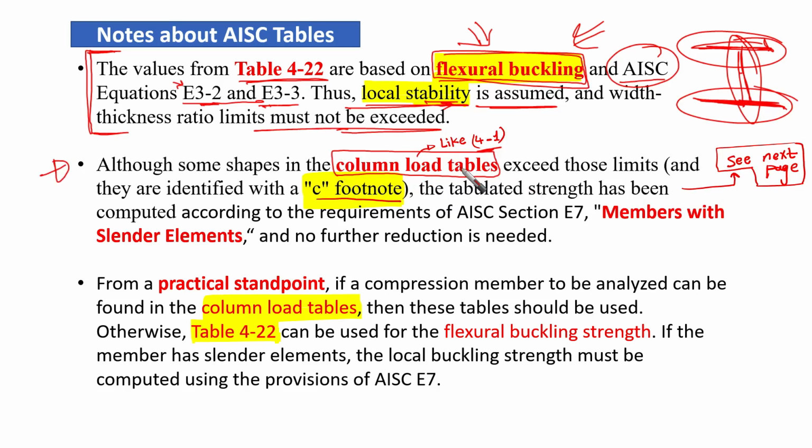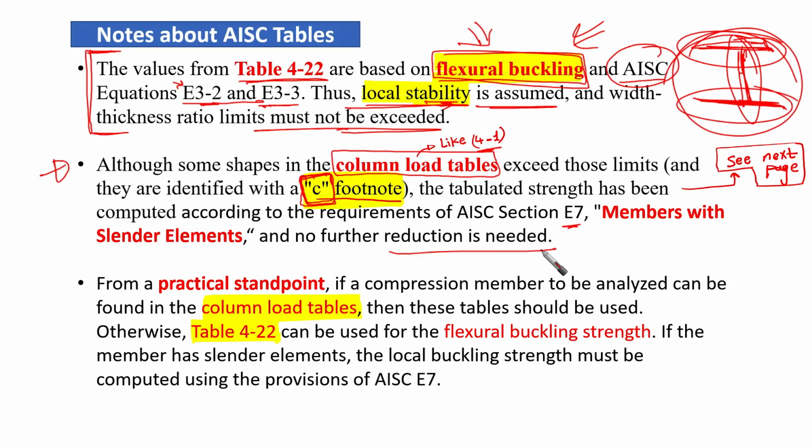So in column load tables, some shapes exceed these limits, and they are identified with a C footnote, which is an indication that this cross-section has some problem regarding local stability for one of its elements, like the flange or web. So the tabulated strength has been computed according to the requirements of AISC section E7, which is members with slender elements, and no further reduction is needed. So this is a very important hint.